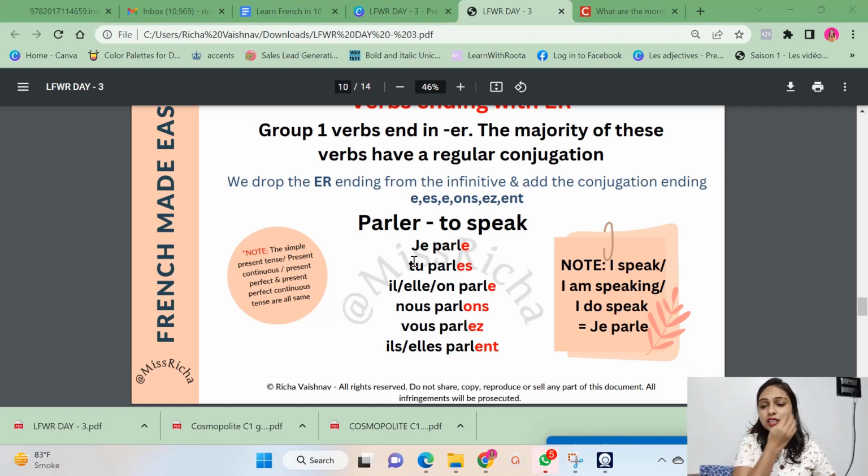We had those separate things, and our teachers used to teach us and give so many exercises to solve on this. So these things do not exist in French. That is a really good part. So the translation for all three is je parle. Now one more thing I want to clarify.